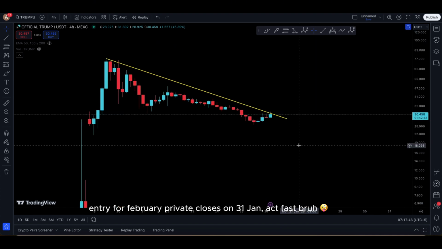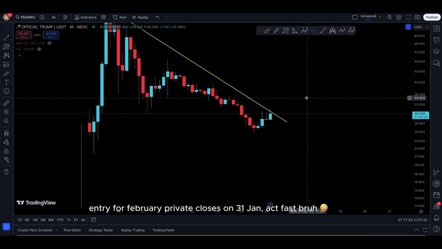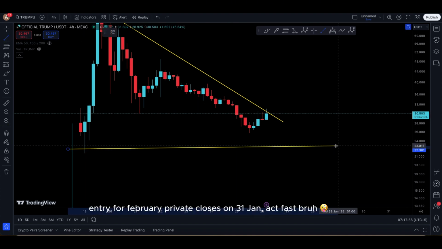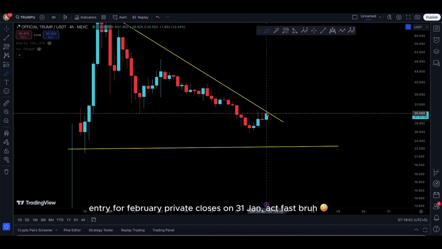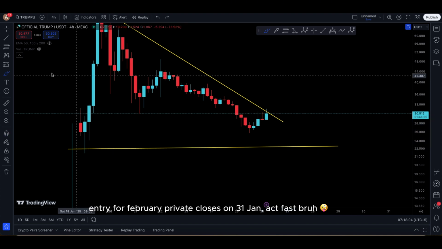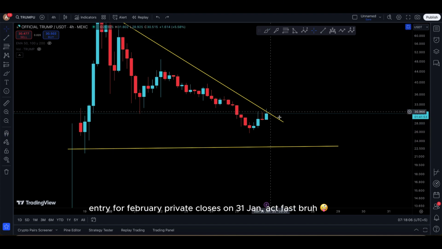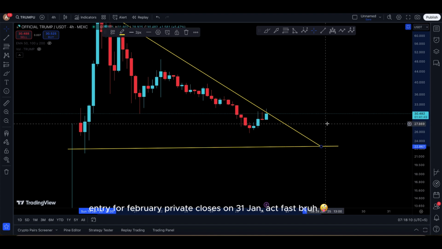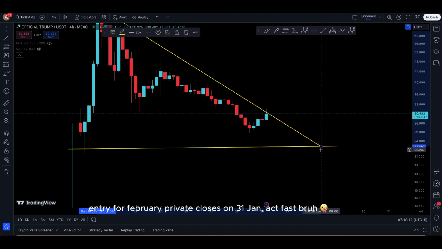If Bitcoin moves to maybe $94,000, then we could be looking at this lower wick down here, which is nearly $22, and I think this is going to be a huge, massive buying opportunity. Then again, we can have the trend line stretched out a little bit. The next move is coming up very soon, hopefully.